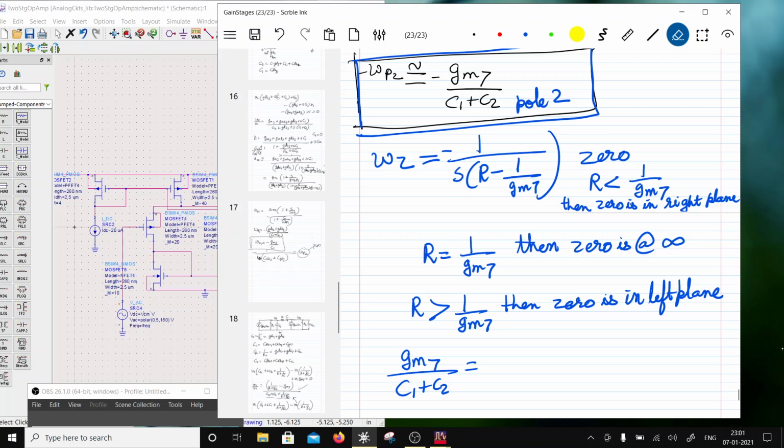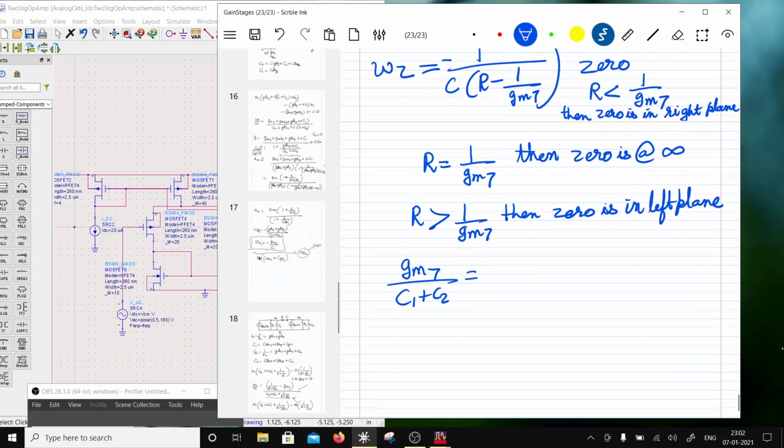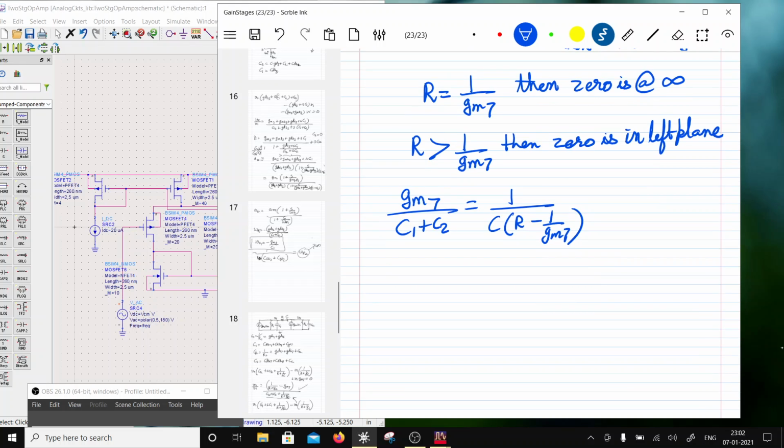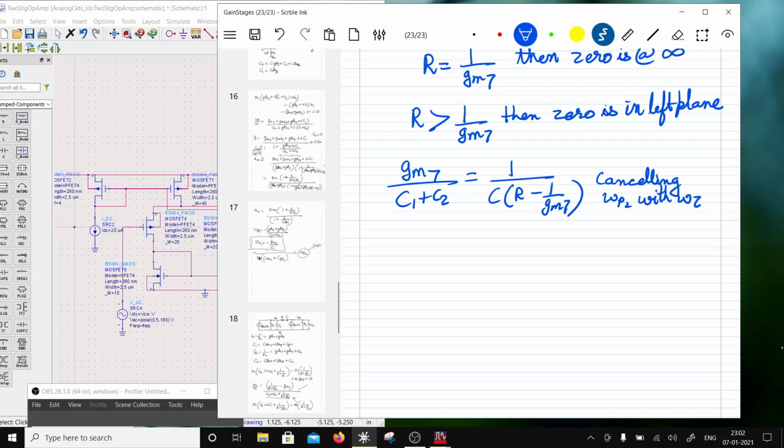Mistake. This should be C. Okay, so now let us equate to this 1 over C R minus 1 over gm7. Okay, so I am cancelling the second pole, C and C cancelling, WP2 with WZ. So at this point the R value I have to find out.